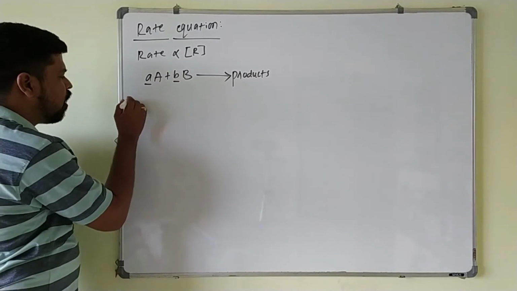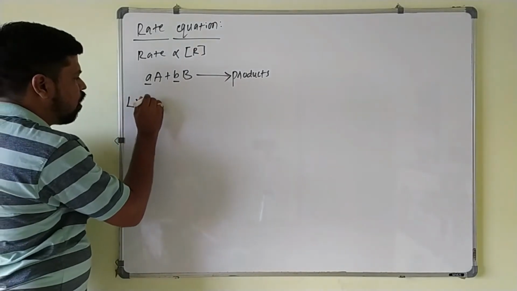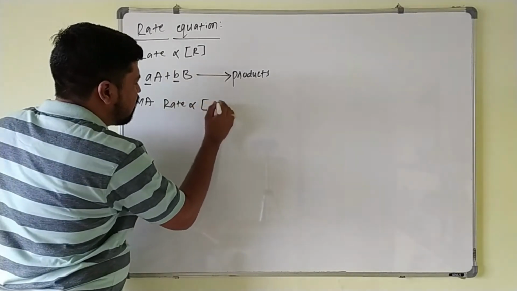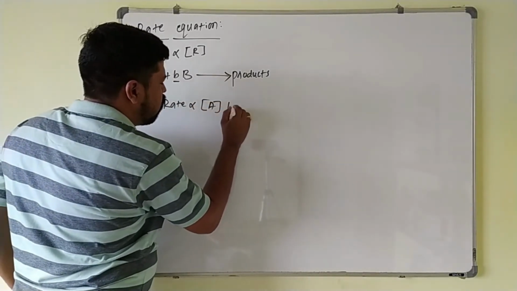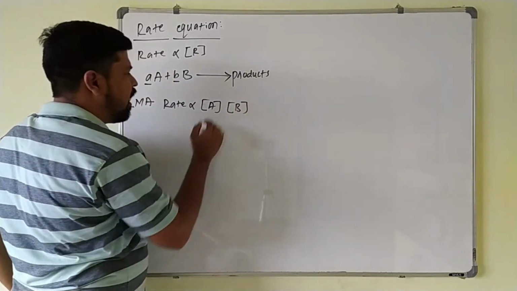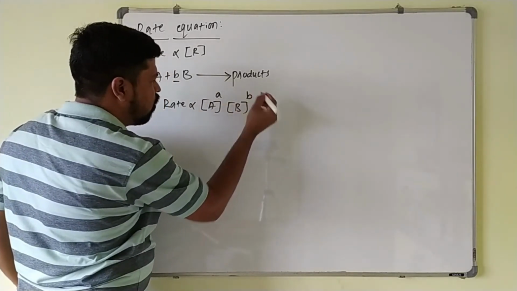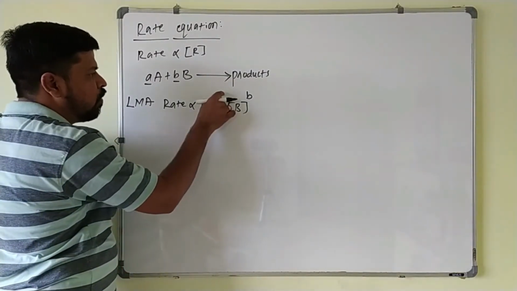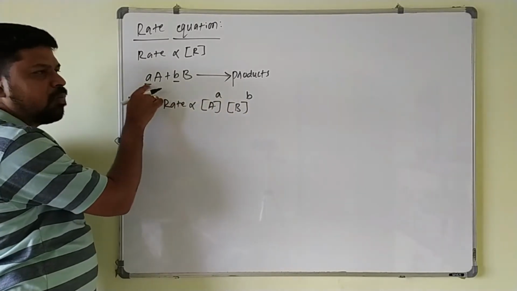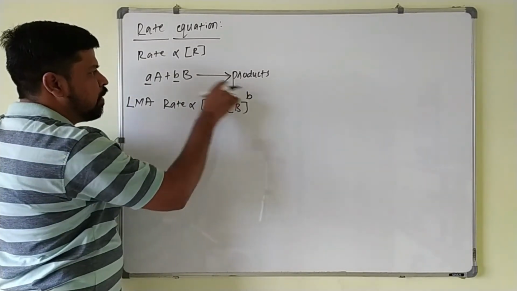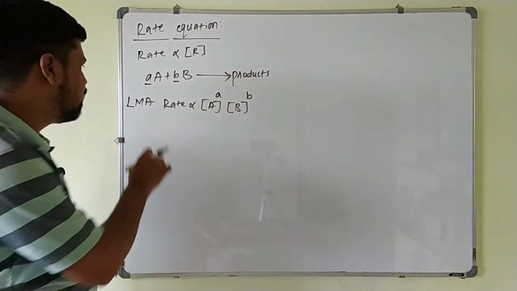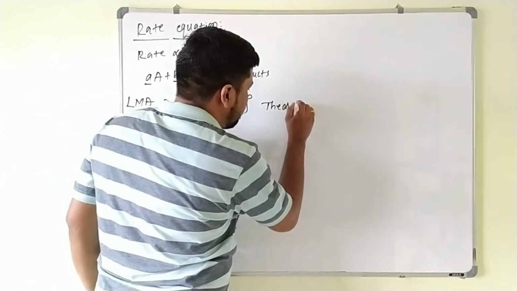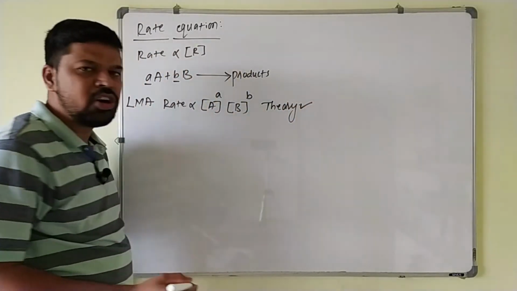According to the law of mass action, rate of the reaction is directly proportional to [A]^a [B]^b, where a and b are the stoichiometric coefficients. But this law of mass action is a theoretical concept.